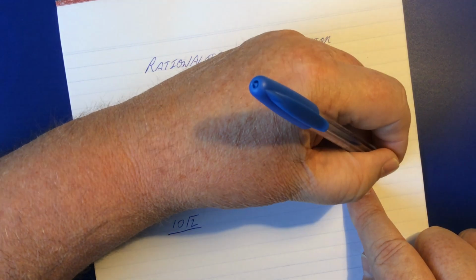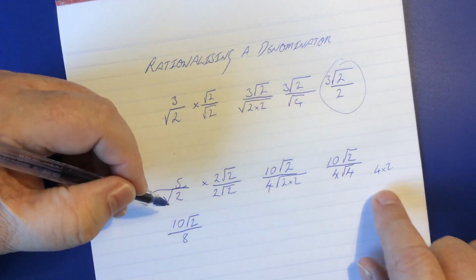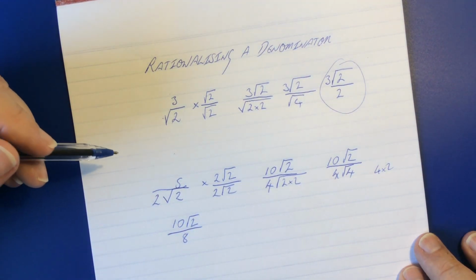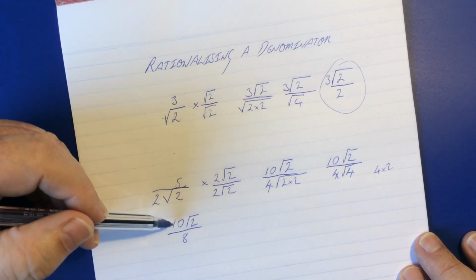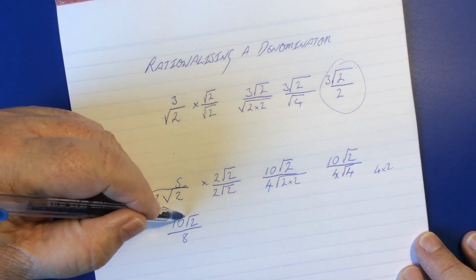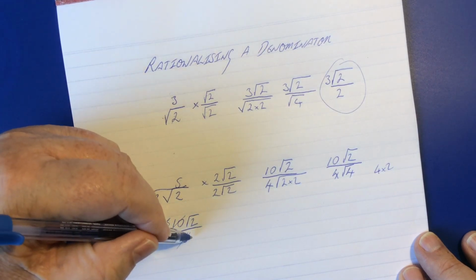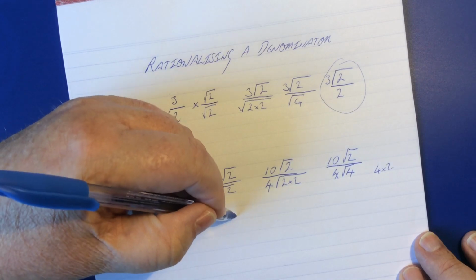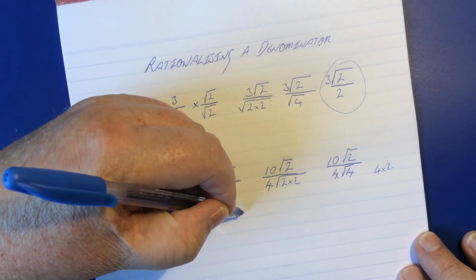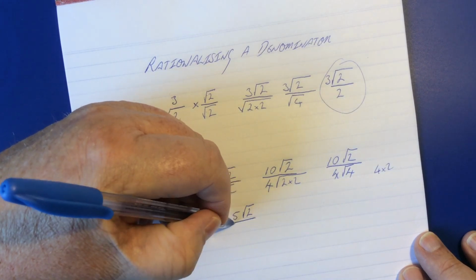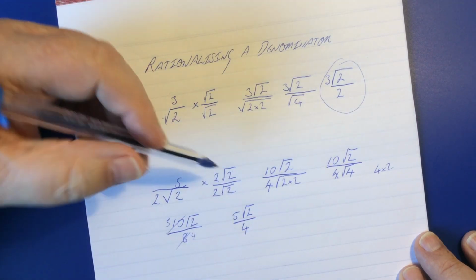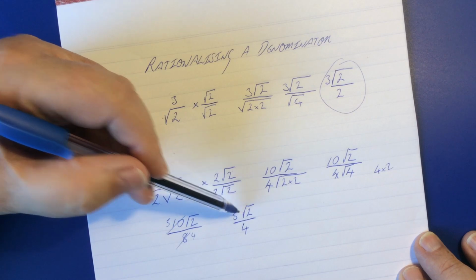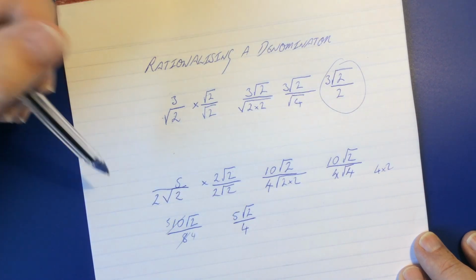It's 4 times 2, which is 8. And now we can do a little bit of tidying up here. 2 goes into 10 5 times and into 8 4 times. So our answer is 5 root 2 on 4. Okay, so that's this somewhat simplified.